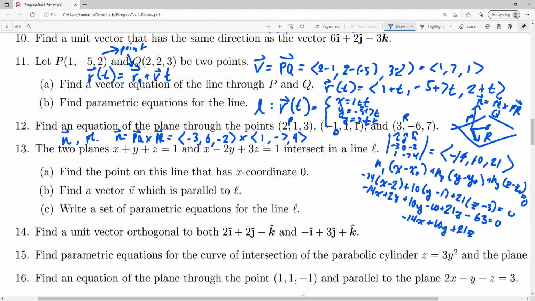You could actually keep it in the unsimplified form. The answer sheet picked point P, the first point, and your professor is okay with accepting this line as an answer, which I would just keep like that so you don't waste time simplifying.